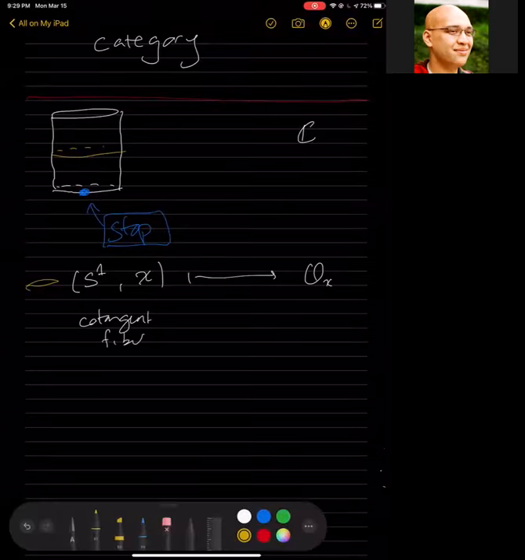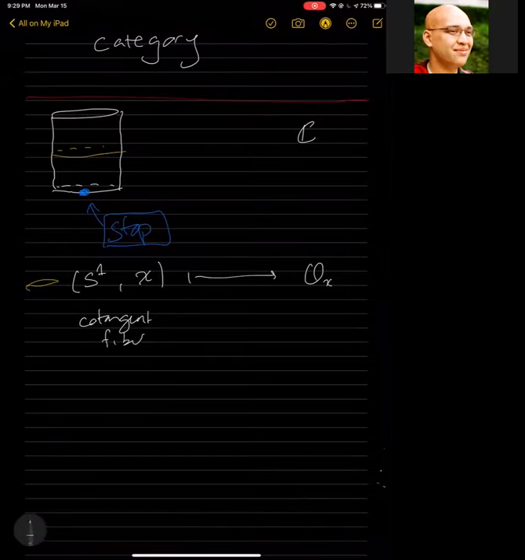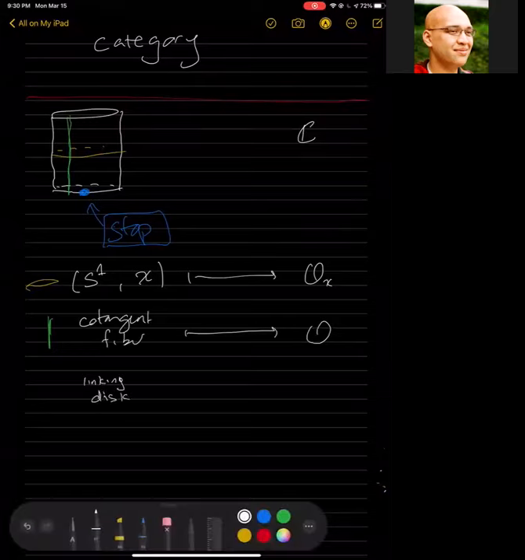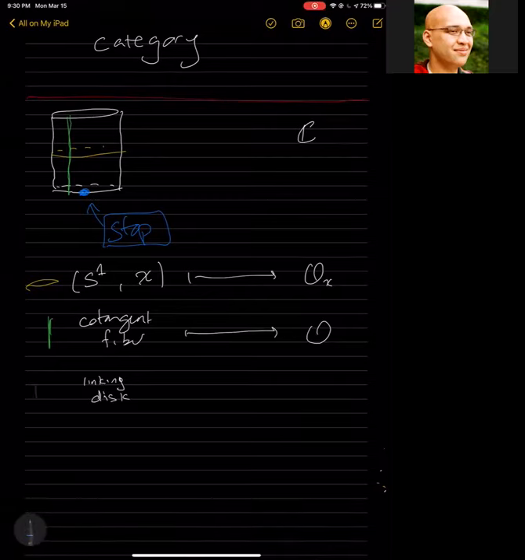The cotangent fiber is this green one. The cotangent fiber goes to O. And there's one more, which I call a linking disk. And it's somehow associated with the stop, and it looks like that.